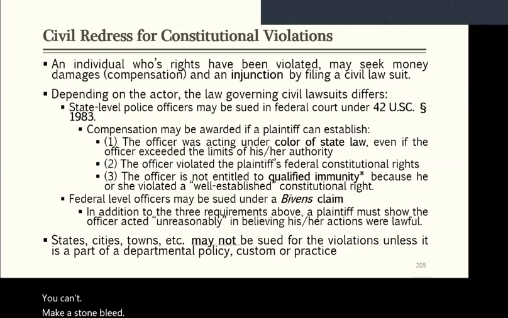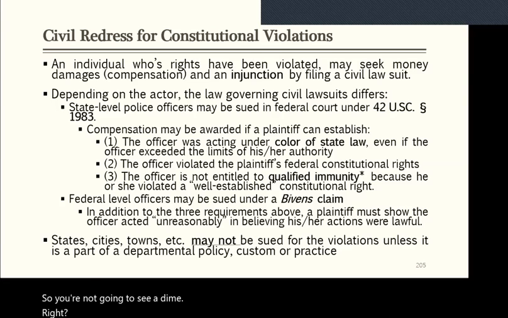So what are you going to do? Maybe take some of their assets. That's it. And generally speaking, you can get out of a civil court judgment by declaring bankruptcy. So you're never going to see a dime, right?